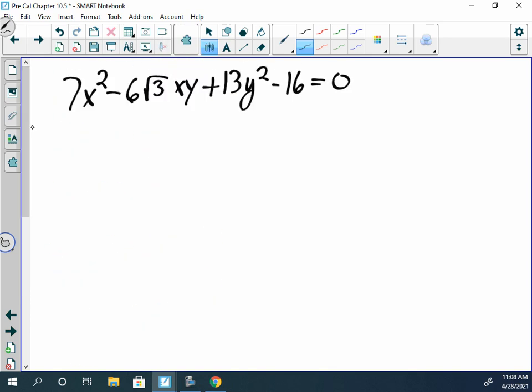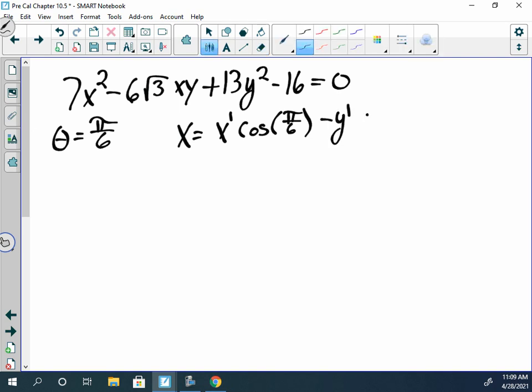Erase all that. x is equal to x prime cosine of pi over 6 minus y prime sine of pi over 6. Now we can type that into the calculator, sine and cosine of pi over 6.